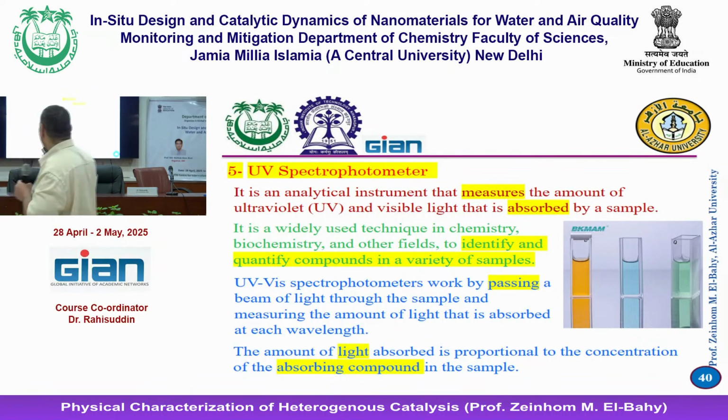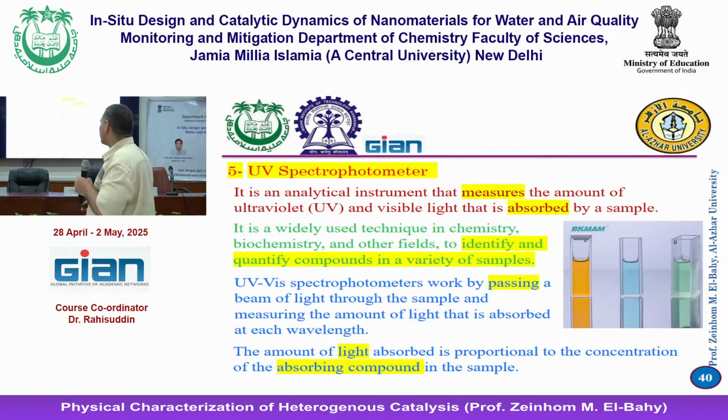The spectrophotometer measures the amount of ultraviolet and visible light that is absorbed, not adsorbed. There is a difference between absorption and adsorption. This is absorbed by the sample.